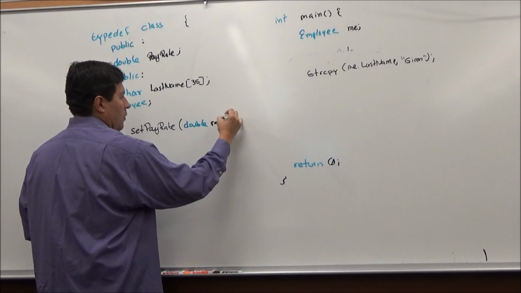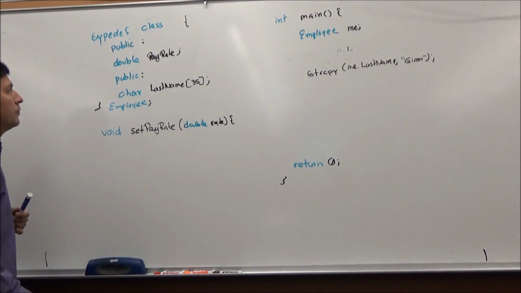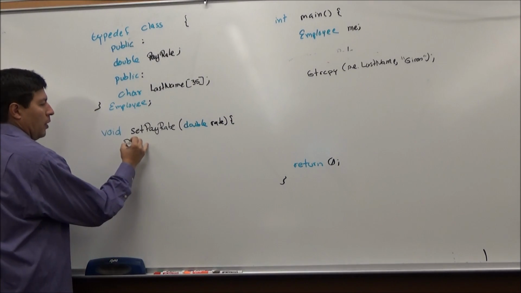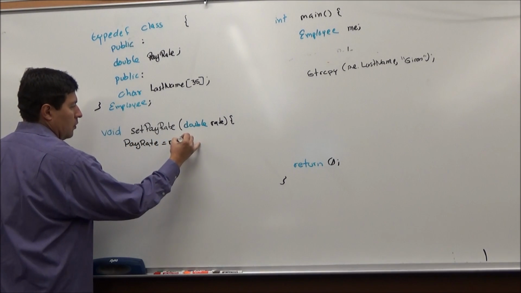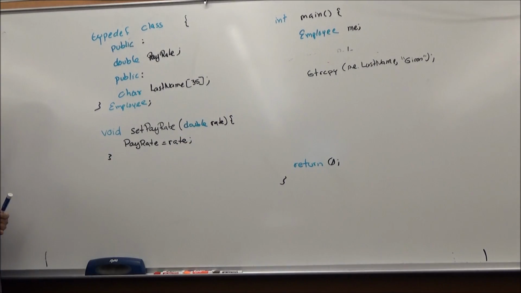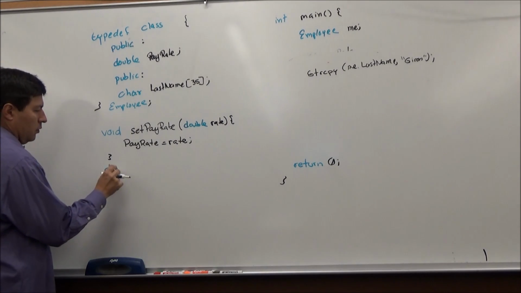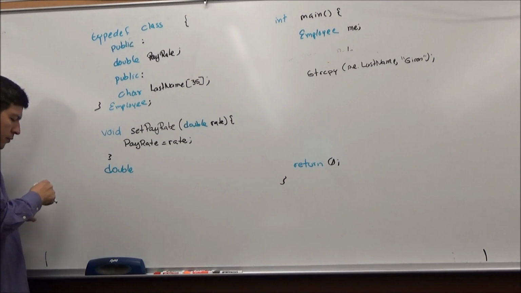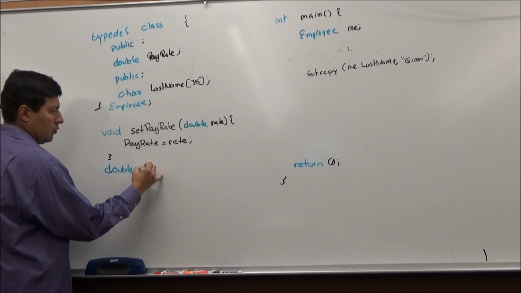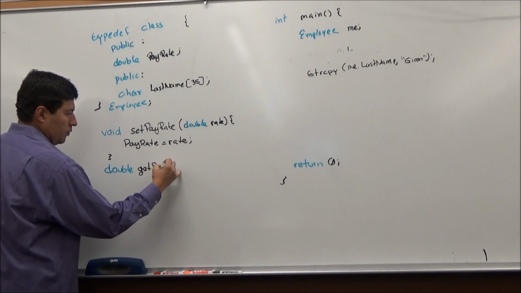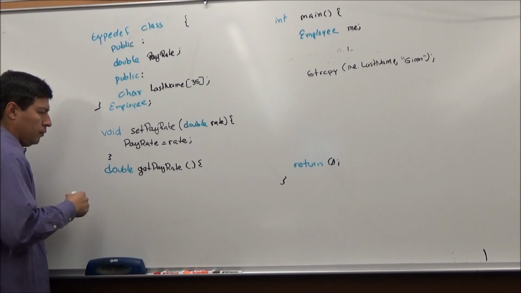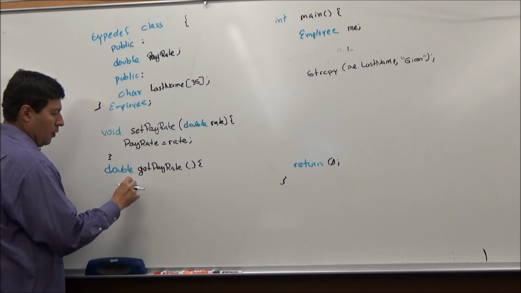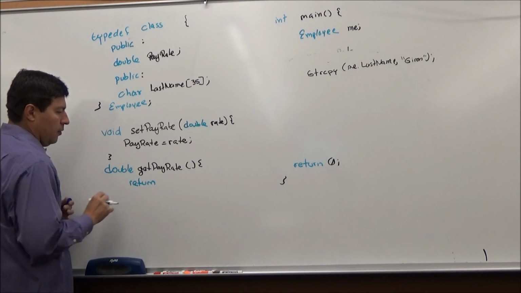Call this rate, and the pay rate will be the same as rate. I could also have a function, assuming that the pay rate existed.